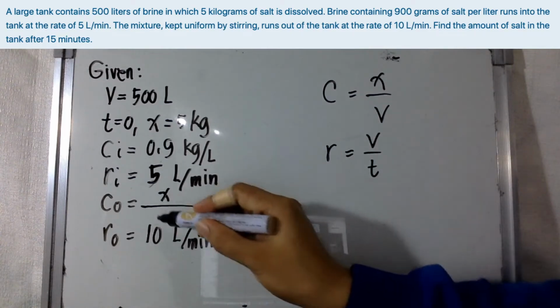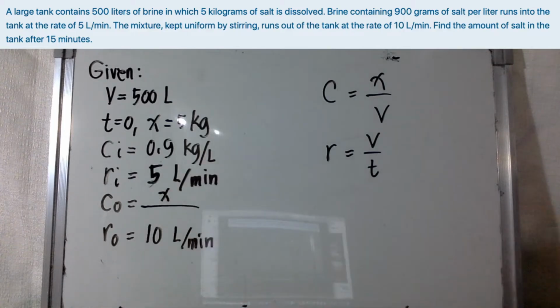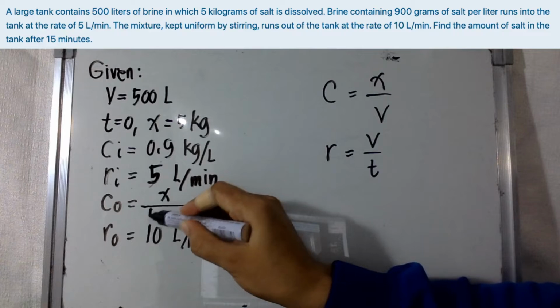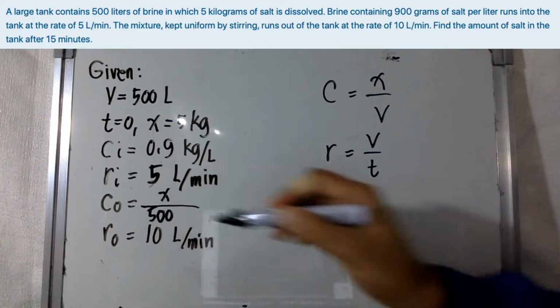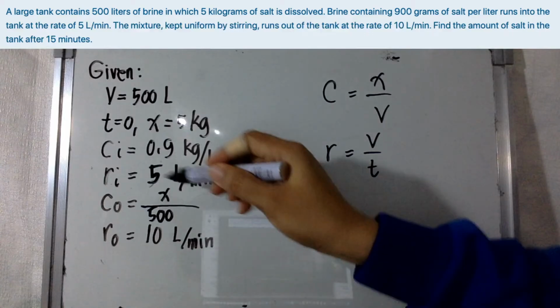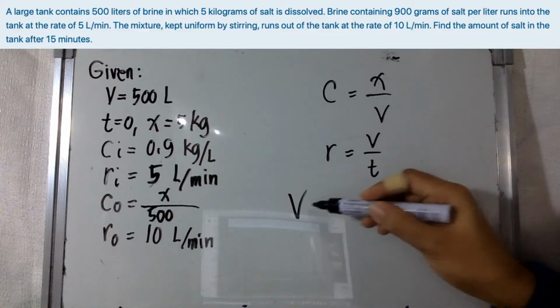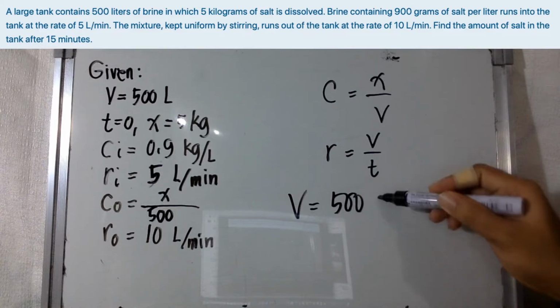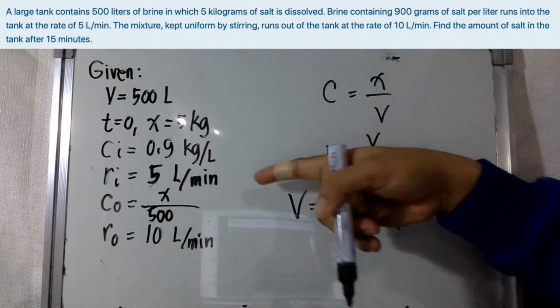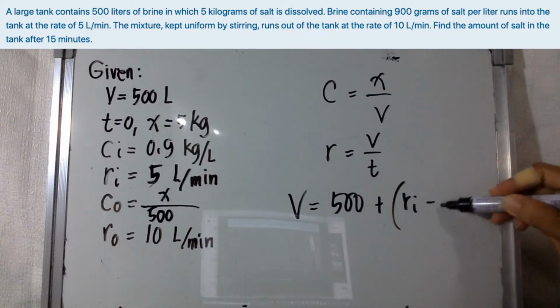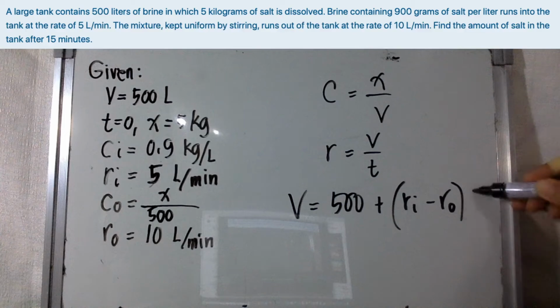Now, this volume here, of course, for the concentration out. We have the volume 500 liters, it will decrease actually. So the volume that we're going to divide by is 500, and then we add the difference of the flow rate times time. So we have R sub I minus R sub O times t.